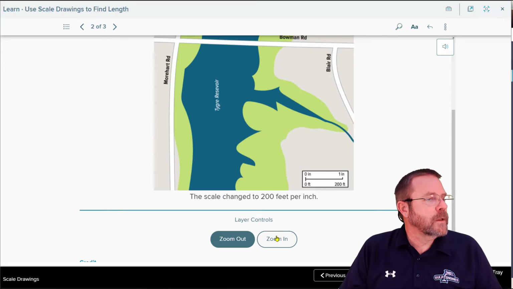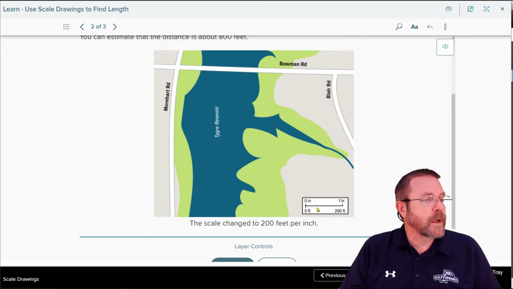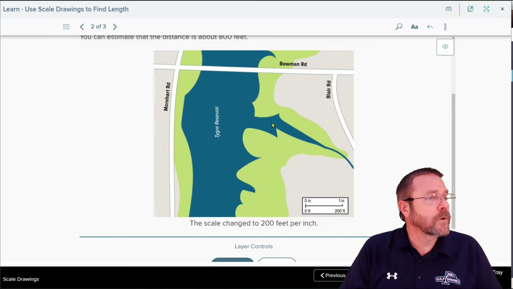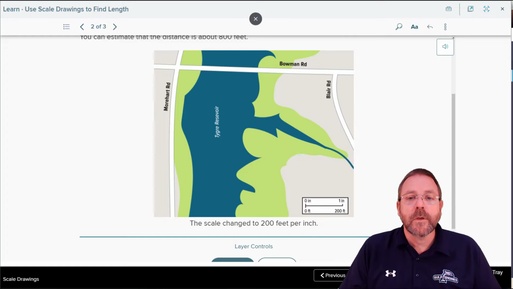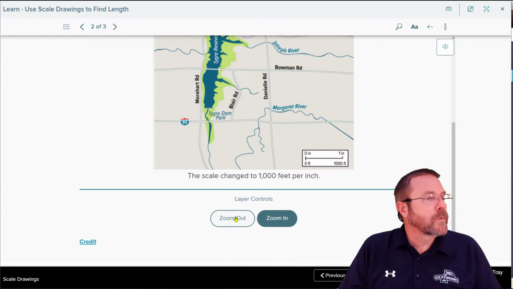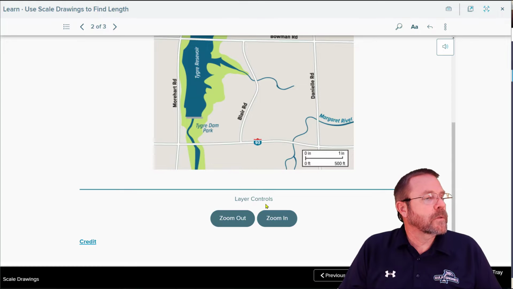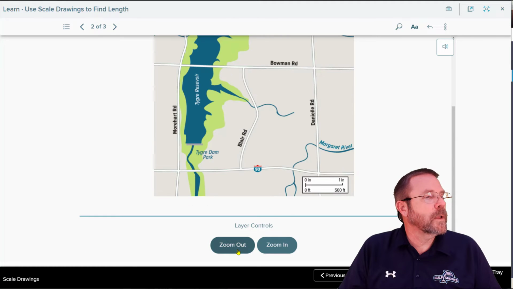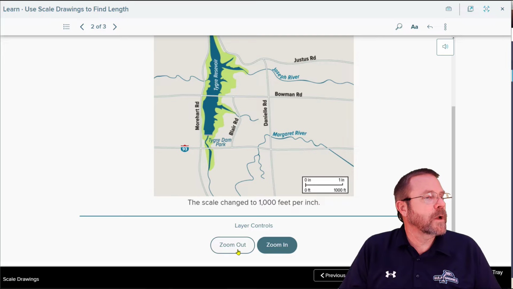We could zoom way in, and at that point you'd have a zoomed-in section there, I guess you could call that. Not much to work with. If you were to zoom way out, we can go way, way out. I guess there's only 3 options there.